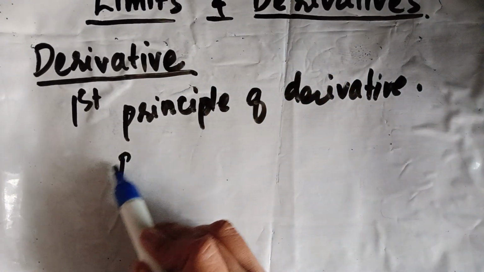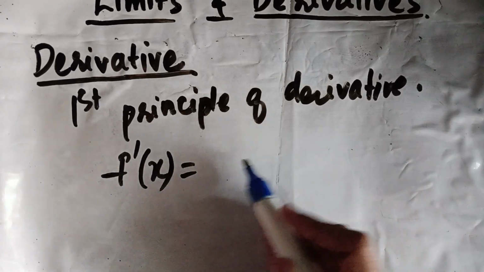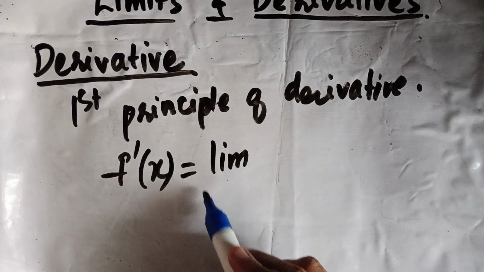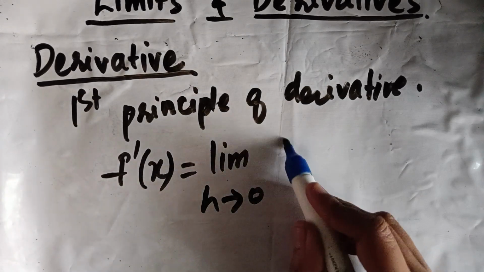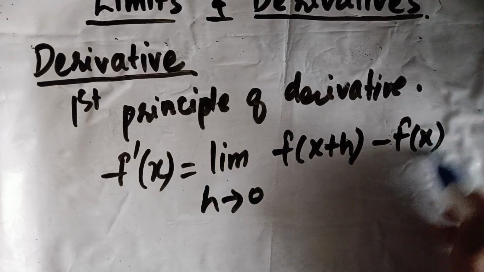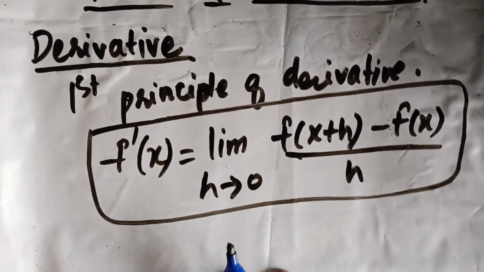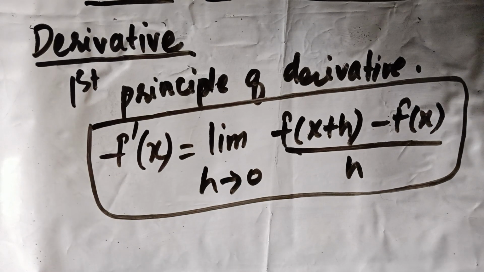So derivative is given by f dash of x equal to limit as h tends to 0 f of x plus h minus f of x upon h. So we are asked to find the derivative of a function using first principle of derivative. So definition is that wherever the limit exists is defined to be the derivative of f at x and denoted by f dash of x. So limit should exist here.